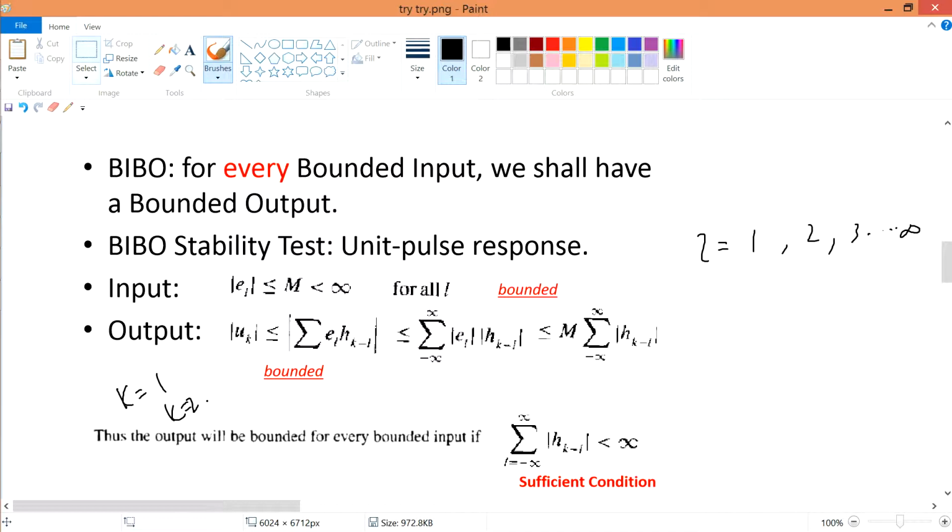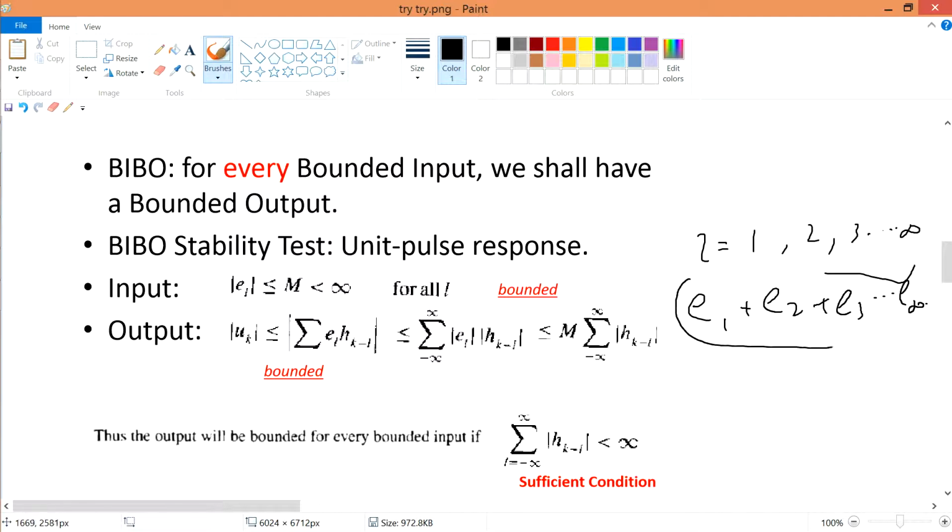So what do I mean by all this? If I have E1 plus E2, then plus E3 all the way to E infinity, and I add up all this input, it must be smaller than M. It cannot go to infinity.